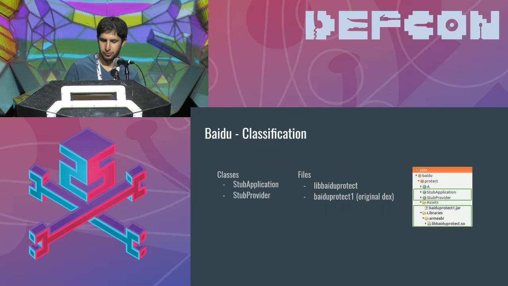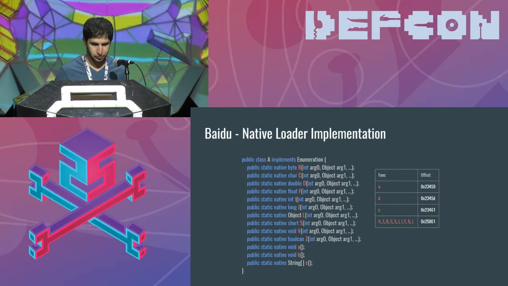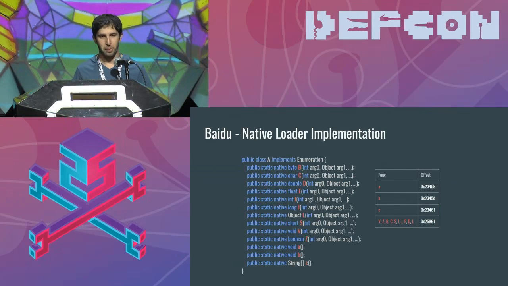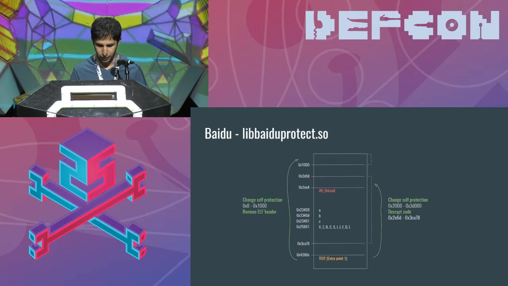Let's look at Baidu. Again, for classification, this is pretty straightforward. We can see that we have the stub application and the stub provider, which are the classes used by Baidu, and again a native lib and the packed original dex. And again, we couldn't see the mapping between the native functions used in the loader and the functions in the native lib.